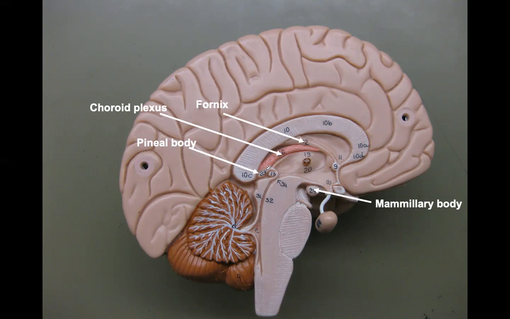We have this structure in the posterior aspect of the brain called the pineal body or pineal gland, which is involved in the sleep-wake cycle with the help of the hypothalamus. We have this red section called the choroid plexus, and right above that we have the fornix.